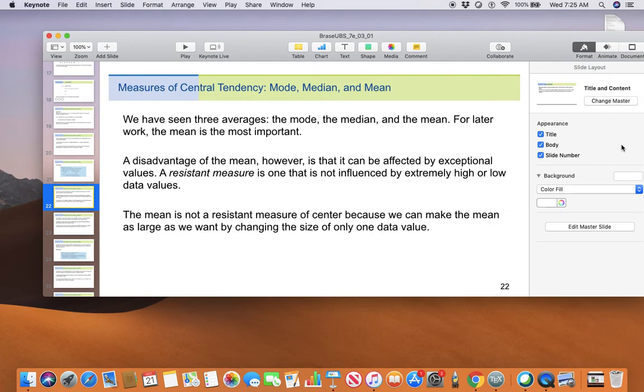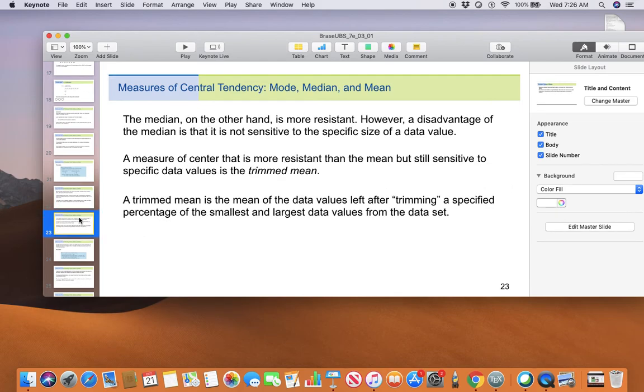If there is one $5 million house in an area where houses go for say $100,000, that one house will definitely increase the mean. So you want something called a resistant measure, that is, something that's not influenced by extremely high or low data values.